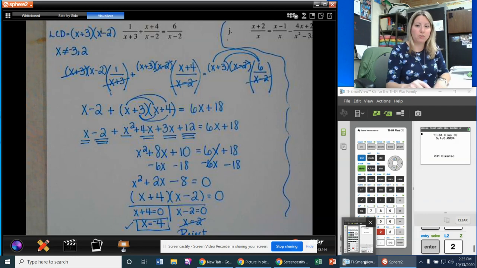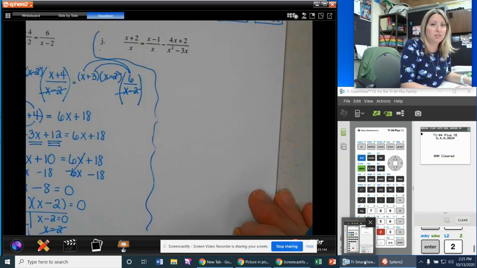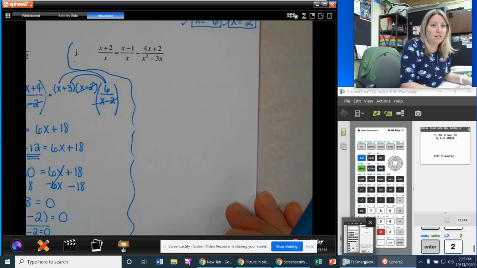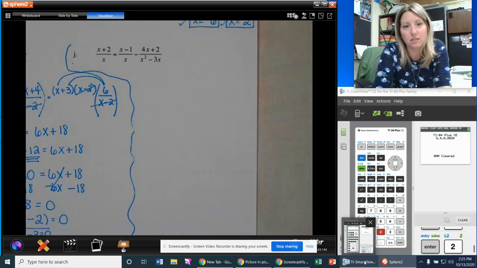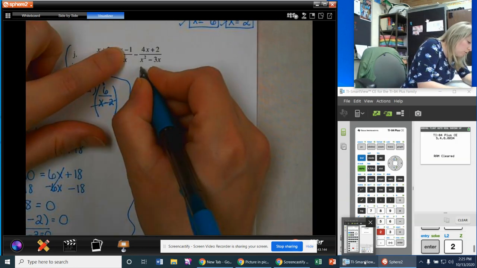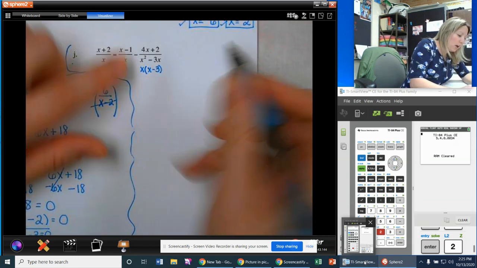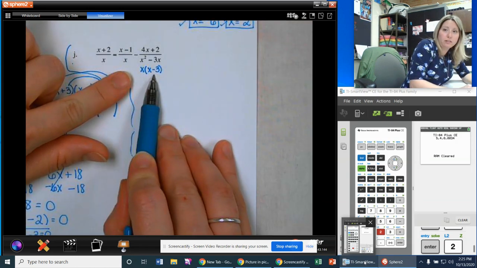One more. Bell's about to ring, so you're going to hear it in a sec. Okay. All right, when I've got stuff like this, x squared minus 3x, I factor that. I see a GCF. I get it out front. So I turn it into its two pieces, okay? And I say, okay, that's the biggest denominator I've got.